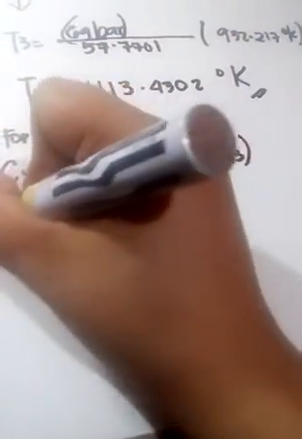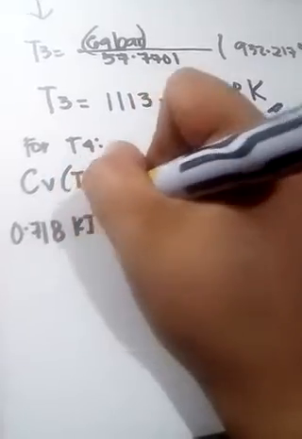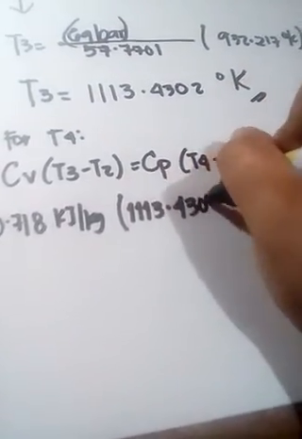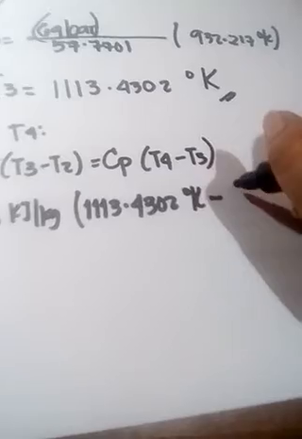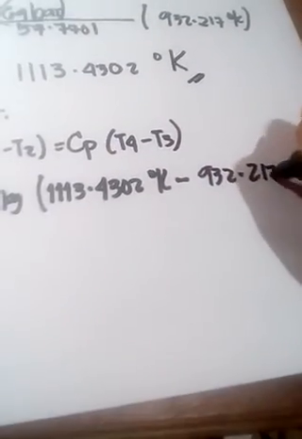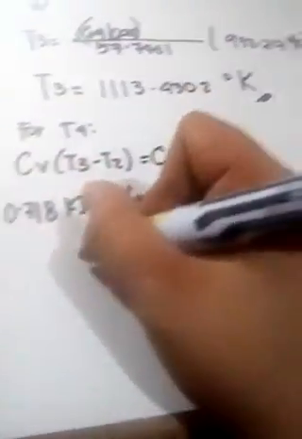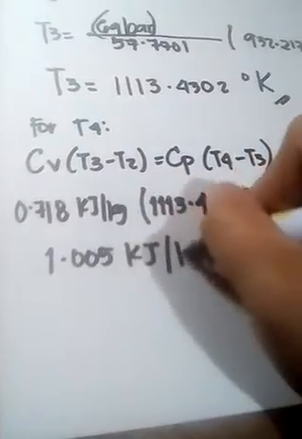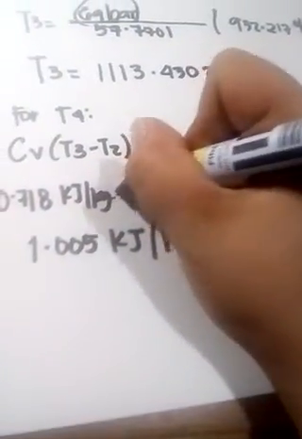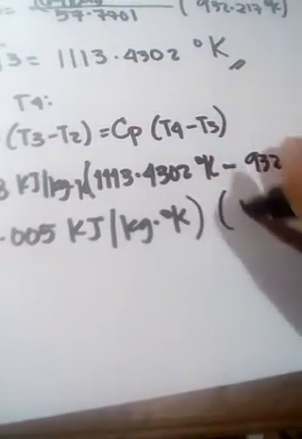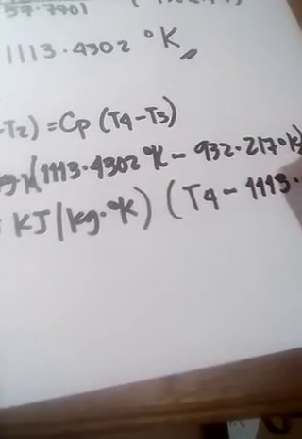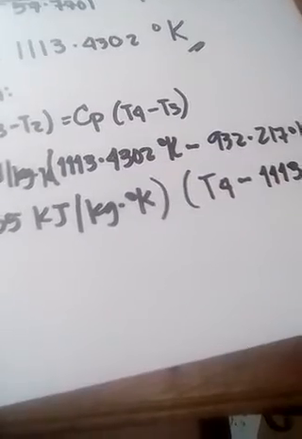So, we have the Cv of air, which is 0.718 kilojoule per kilogram Kelvin, times T3, 1113.4302 degrees Kelvin, minus T2, 932.217 degrees Kelvin, is equal to Cp of air, which is 1.005 kilojoule per kilogram Kelvin, times the unknown T4 minus T3, which is 1113.4302 degrees Kelvin.